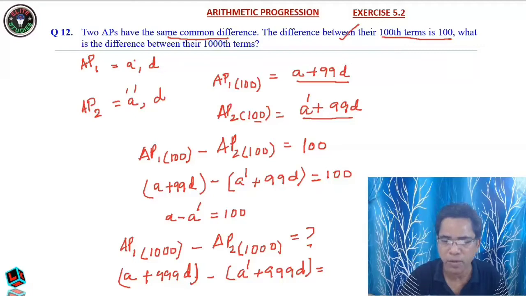Here 999D minus 999D will cancel out, and we are left with A minus A dash.